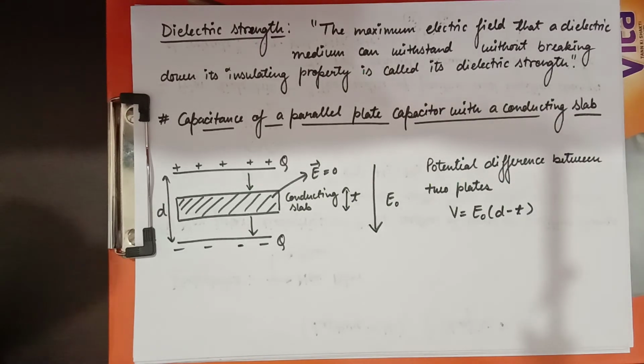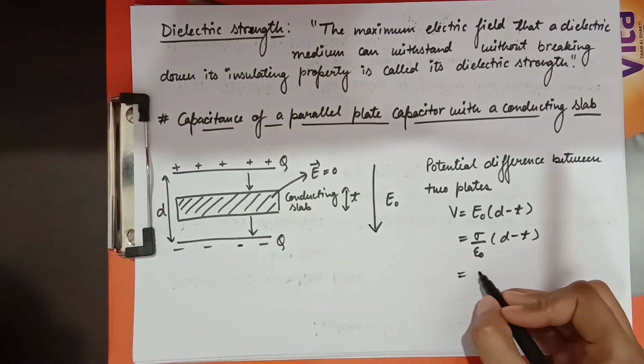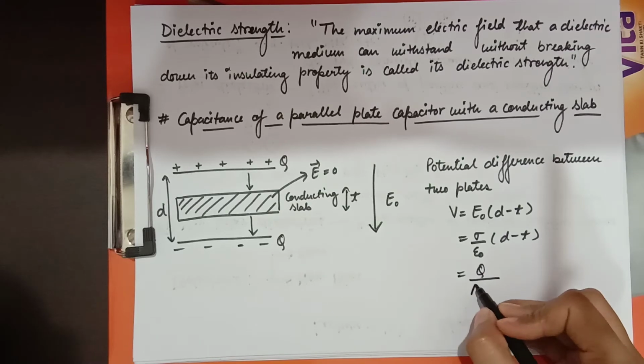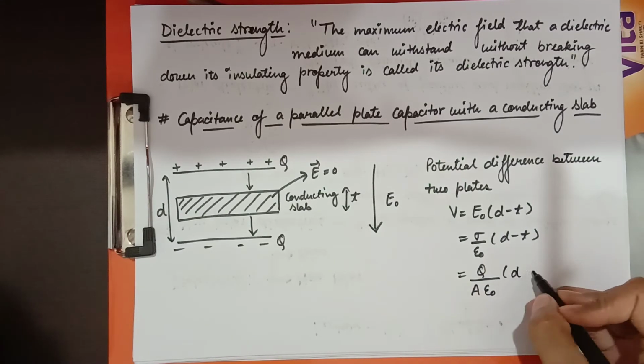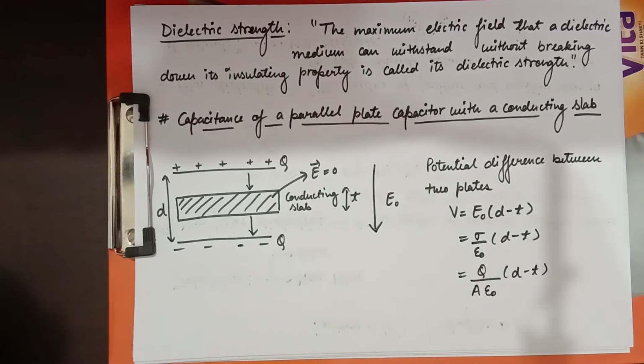So I will write sigma upon epsilon naught in place of E naught. And as sigma is surface charge density, sigma can be written as charge upon area, and capital Q is the charge here. So I can write Q divided by A in the place of sigma and epsilon naught as it is, and d minus t in the numerator.